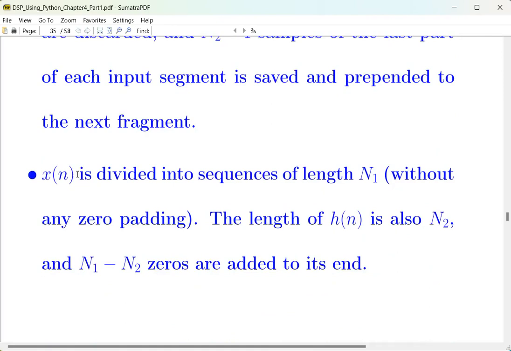X of n is divided into sequences of length n1. This time, no zero padding at the end of the input signal, okay? But the length of h of n is equal to n2, and n1 minus n2 zeros are added to its end.